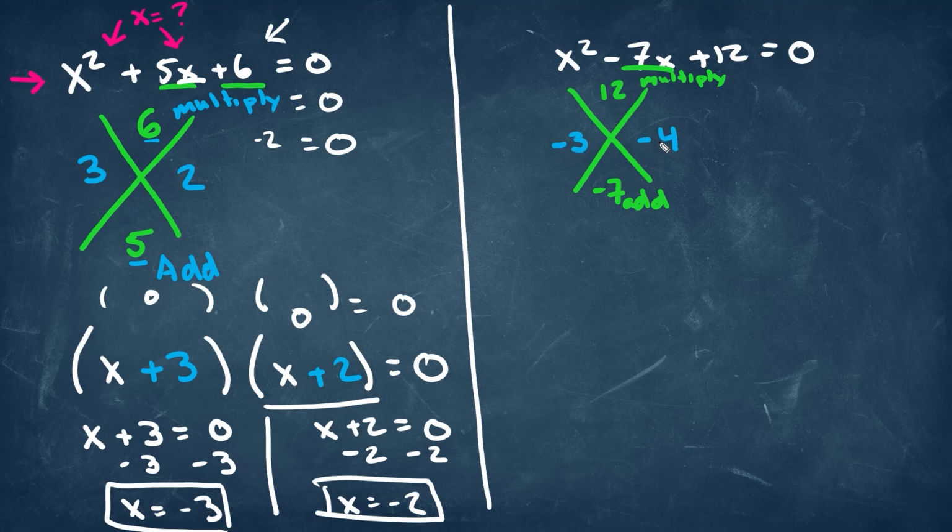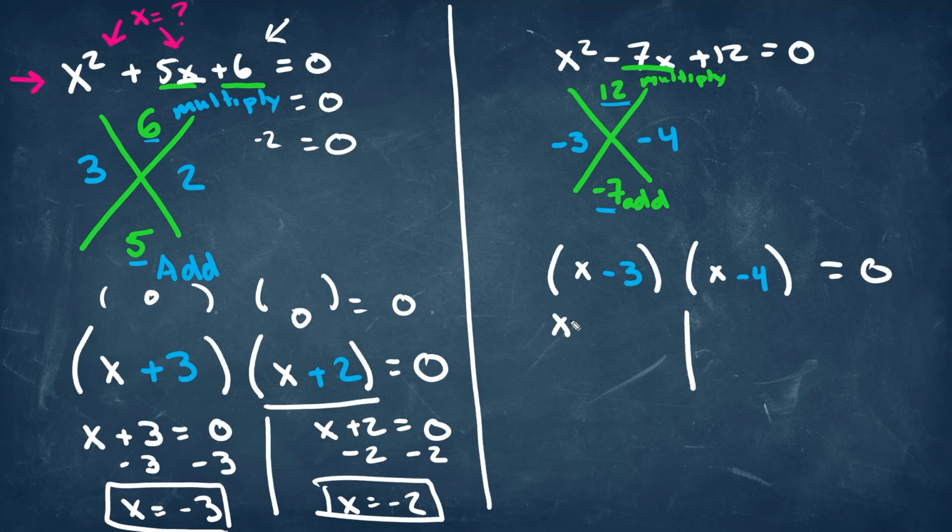Negative 3 times negative 4 will give us a positive 12. If we add these two numbers up, it'll give us a negative 7. So if we put this in the parentheses form here, we're going to have our x variables on the left side, and we'll have minus 3 and minus 4. Now we're going to have our two answers for this by setting each one of these items in parentheses equal to 0.